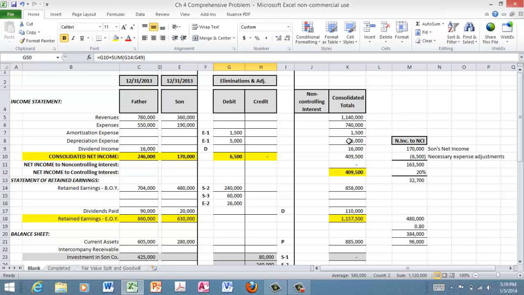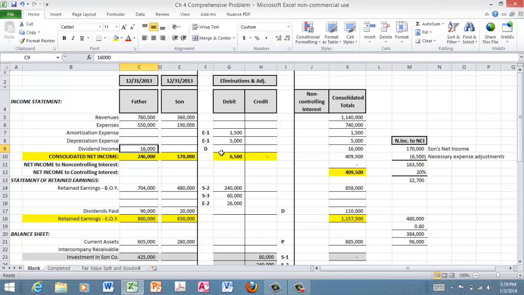Now, there's a couple other small things to do. They did mention that there was a dividend paid from the subsidiary to the parent. So you can see right there that $16,000 of dividend income, because they are not using the equity method to account for this investment, they're going to show it basically as an income account.